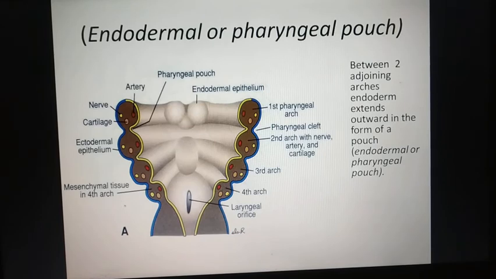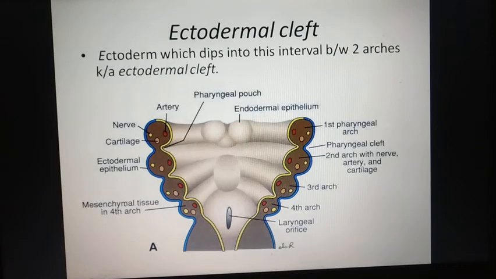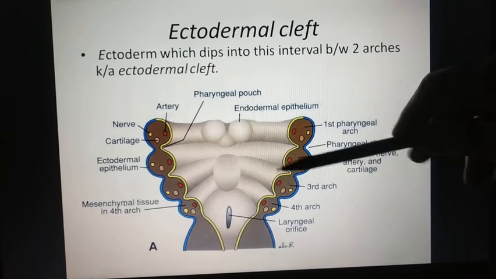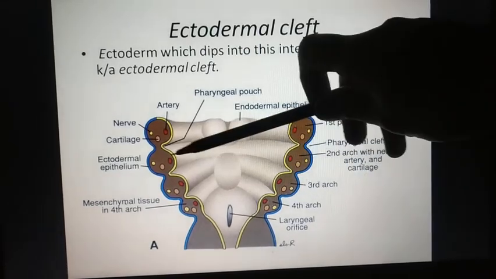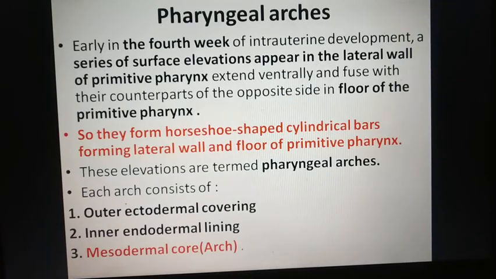So these pharyngeal arches provide support to the anterior and lateral wall of the pharynx. Here you can see these are the clefts and these are the arches, and this is the floor of the pharynx, and this is the lateral wall of the pharynx.